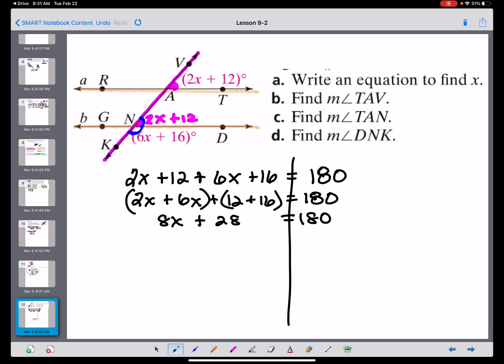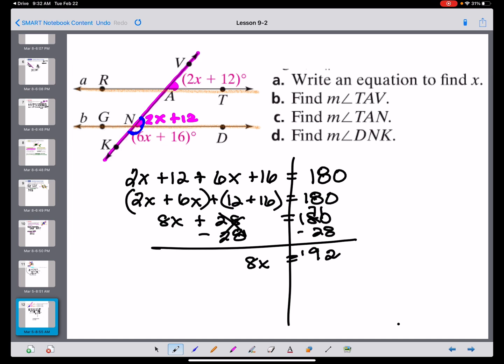I'm going to now solve for x by using inverse operations. I subtract 28 from both sides. And I get 92. Ooh, wait a minute, did I do that right? Let's just double check here quick.